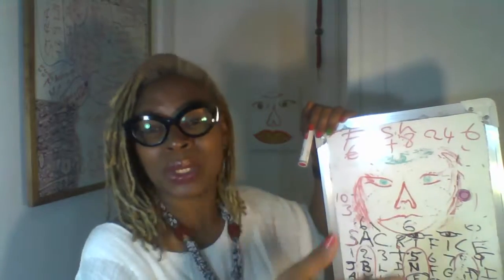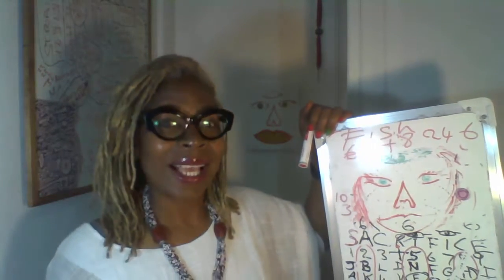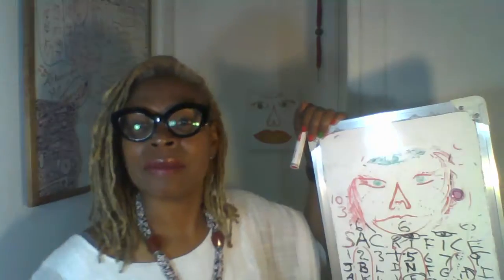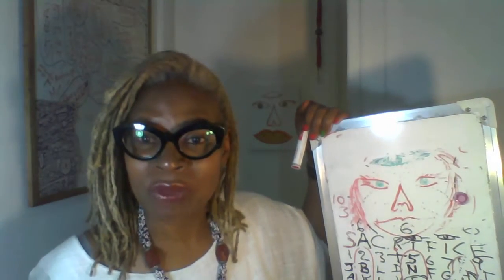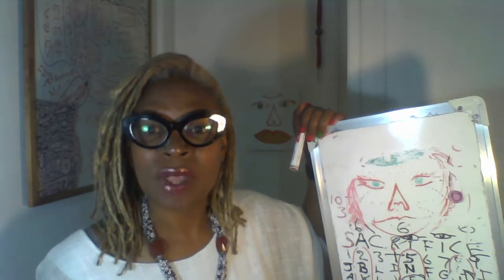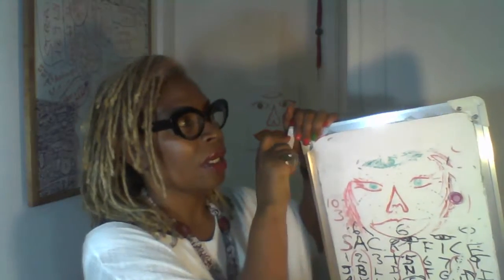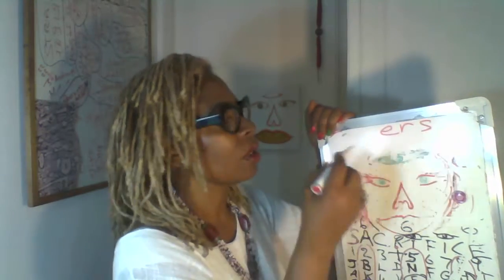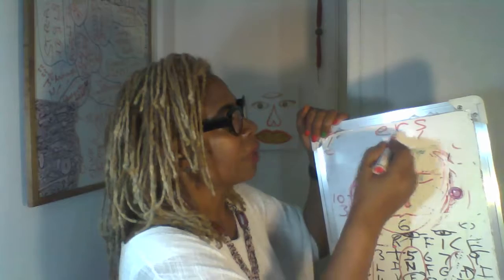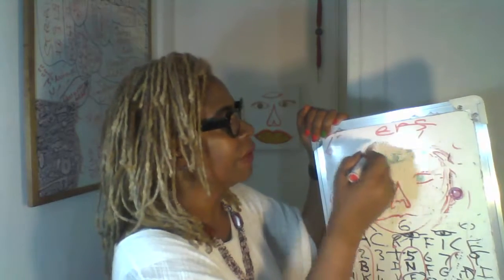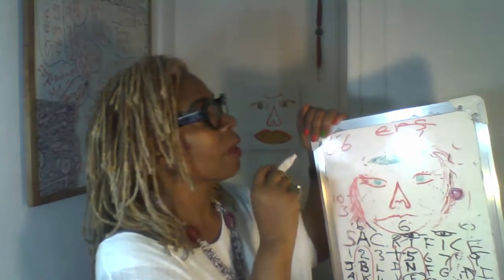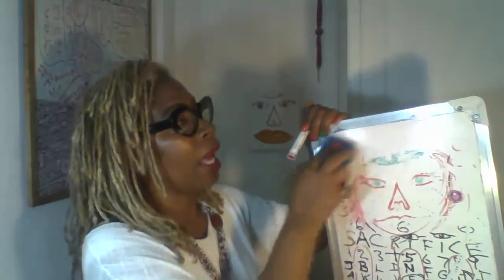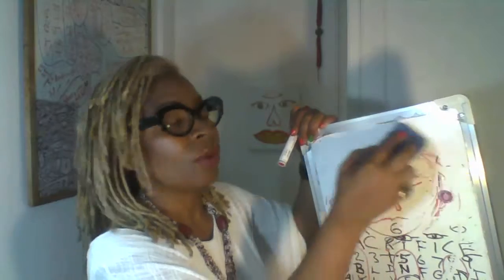But Pisces shows us about, hey, Christ said, I will make you fishers of men. Now, fishers, let's see if we add fish, ERS, to 6. That would be 10 and 5, 15. That would be 6. Okay, so that would be 6 and 6, 12. That would be 3.